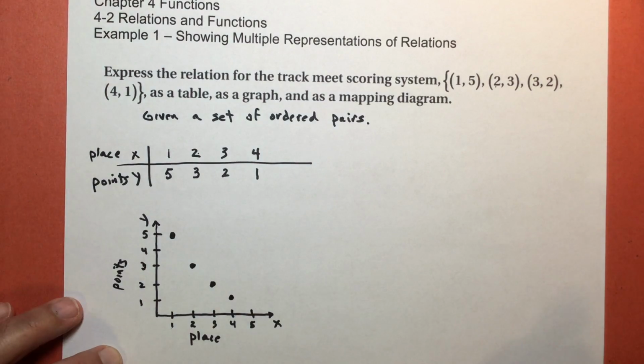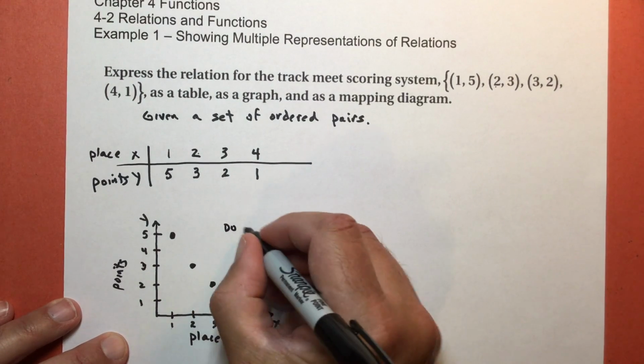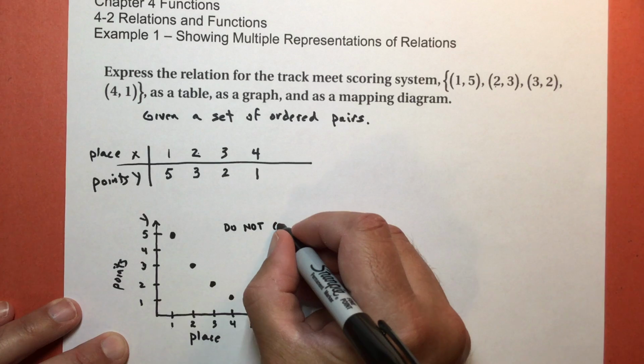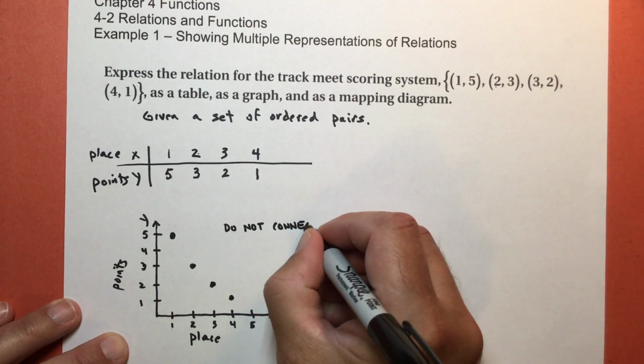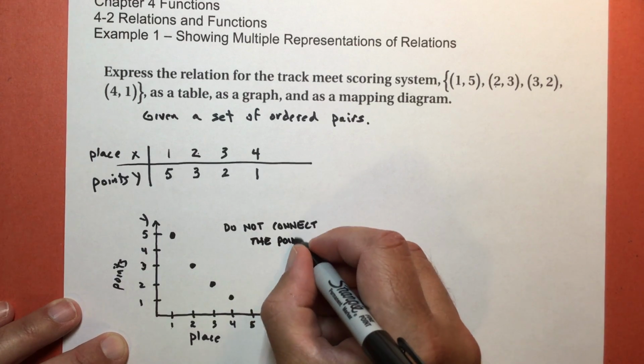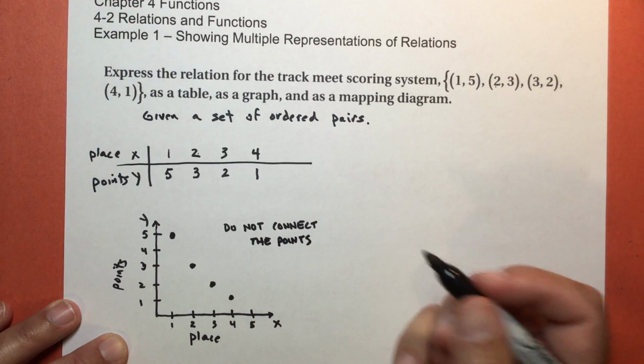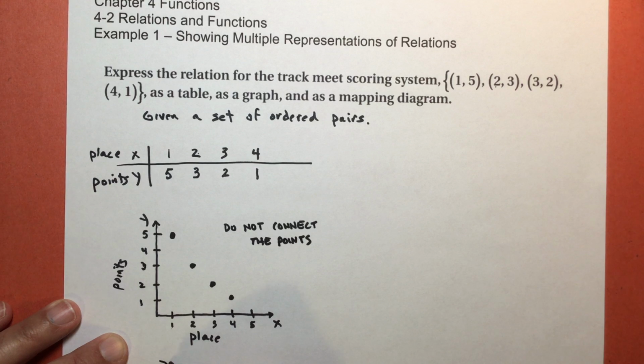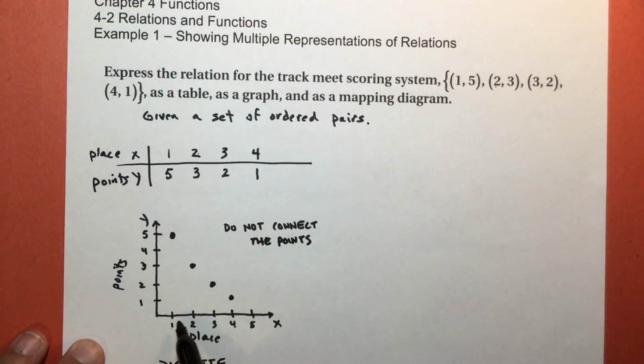Now, one thing I want to mention here, do not connect the points. As a review from last week, this is discrete. And discrete means that there's no measurements in between what I have here. So what I'm saying is you can't get first and a half place.